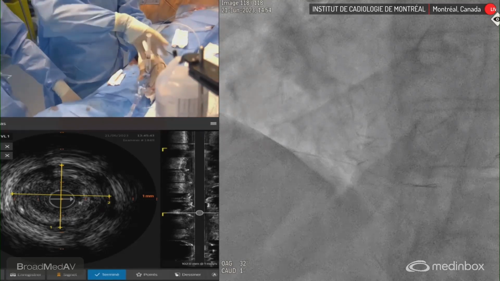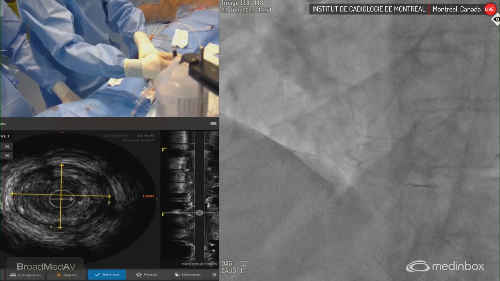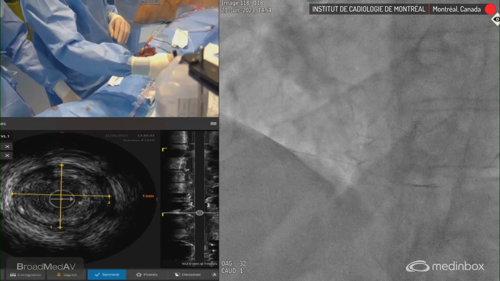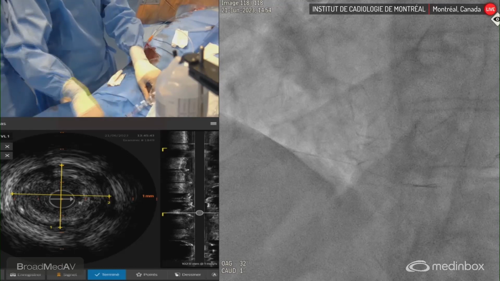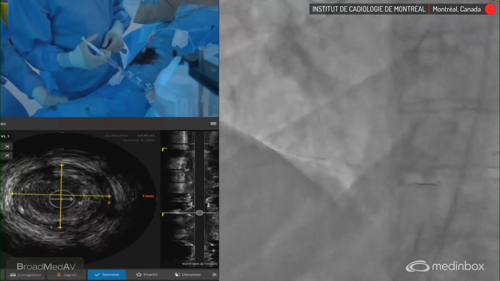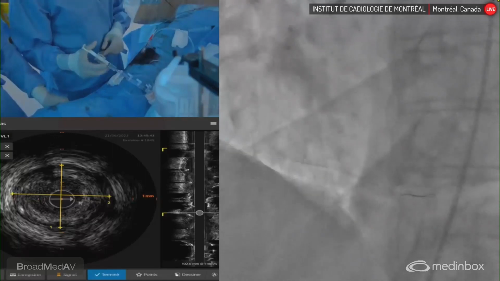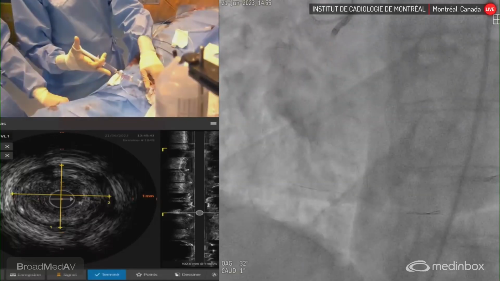Usually I don't like to inject since we did IVUS, but I think we can permit ourselves to do a small injection. I'm going to give one of nitro. Let's push it gently with dye. I think my catheter is pretty much half aorta, half ostium. Looks pretty good.